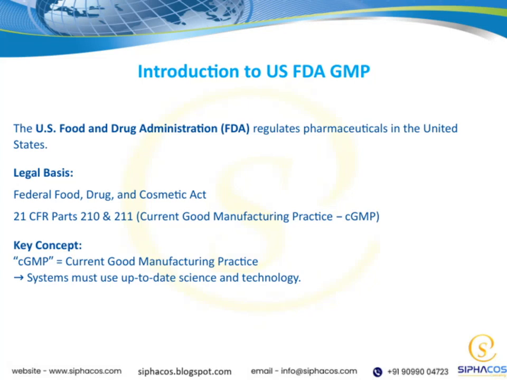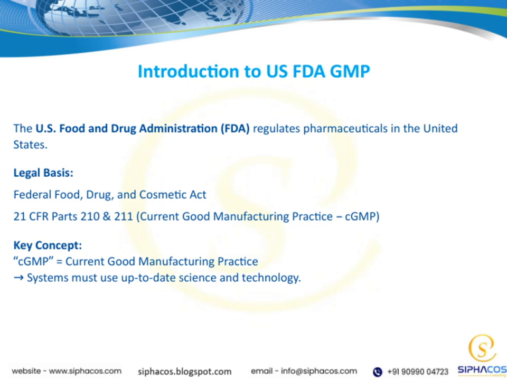Let's start by looking at the introduction to the U.S. FDA GMP. The FDA, or Food and Drug Administration, is the main regulatory body in the United States responsible for overseeing pharmaceuticals. Their role is to ensure that medicines are safe, effective, and manufactured to high standards. Now, the legal foundation for these regulations comes from the Federal Food, Drug, and Cosmetic Act.